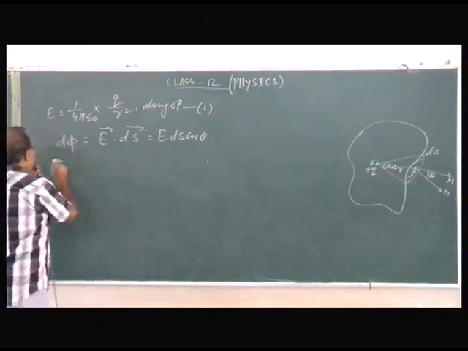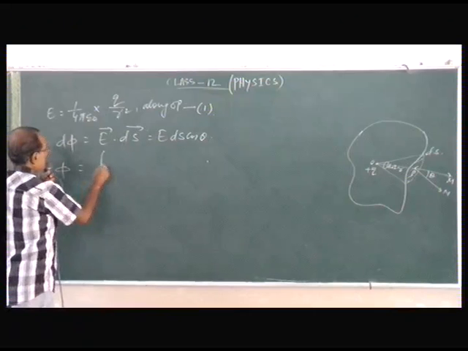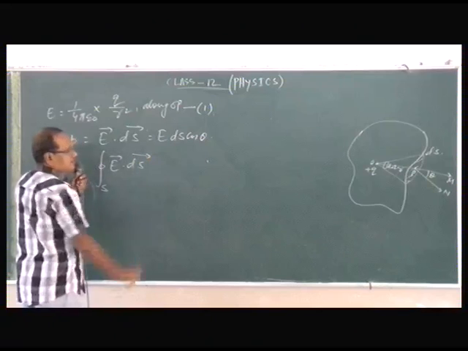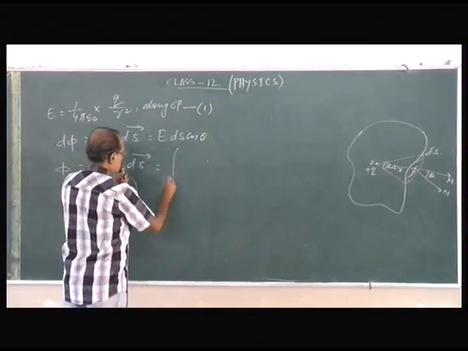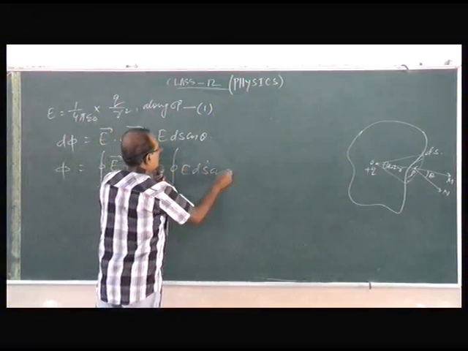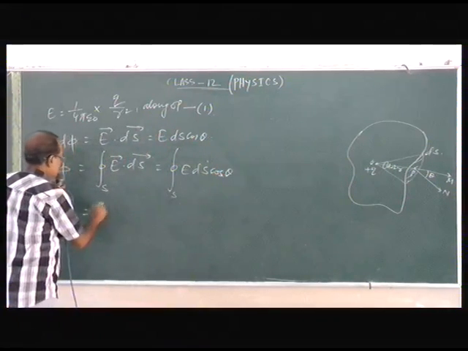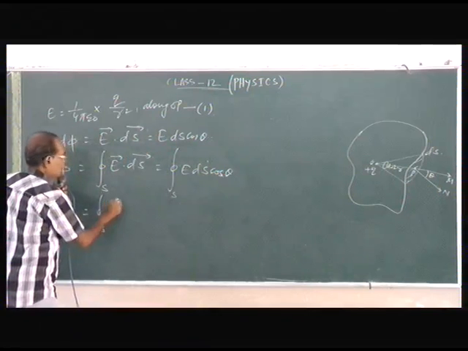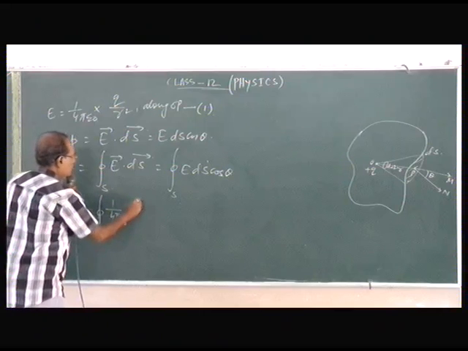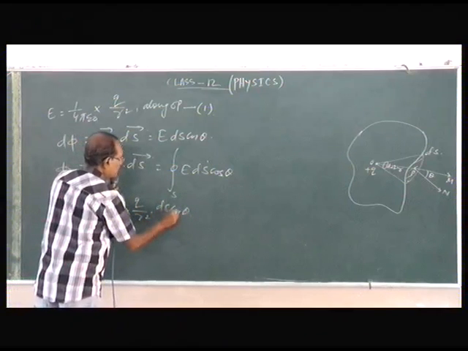Now the total electric flux through the closed surface is the integral of E ds cos theta, that is the closed surface integral of 1 by 4 pi epsilon naught q by r square into ds cos theta.